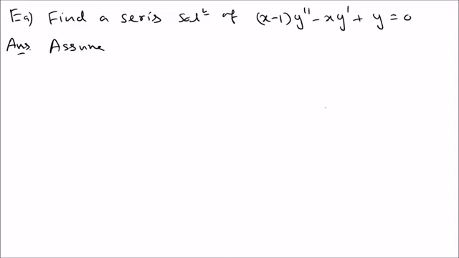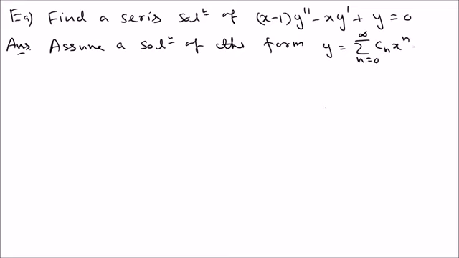a solution of the form y equals the sum for n going from 0 to infinity of c n x to the n. This step is always the same. Now we take the derivative. As we discussed, once you take the derivative, you can start with n equal 1 because the first term goes away.